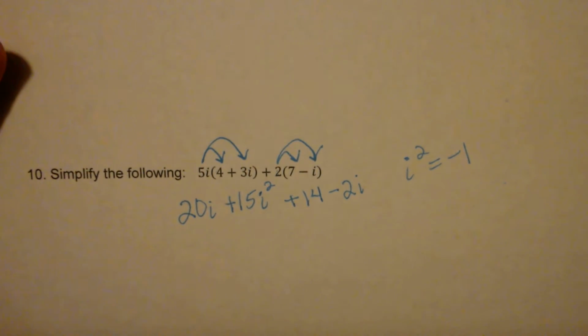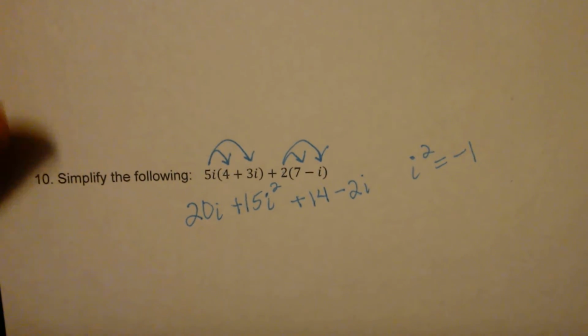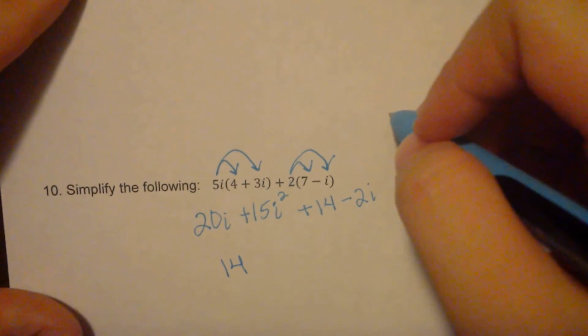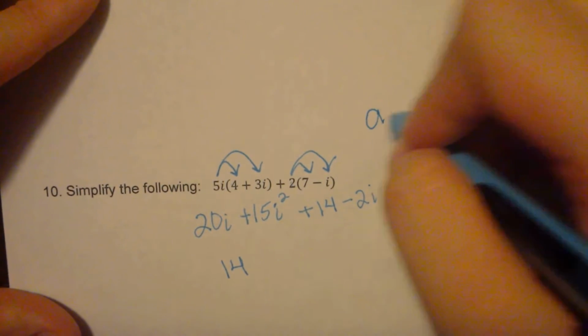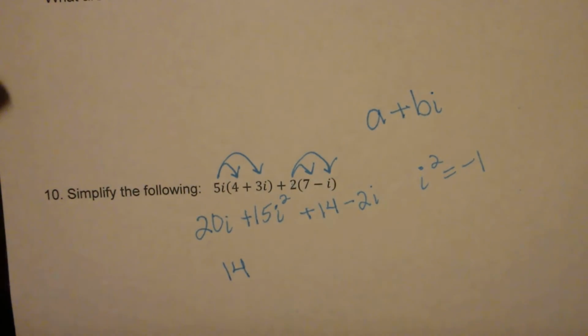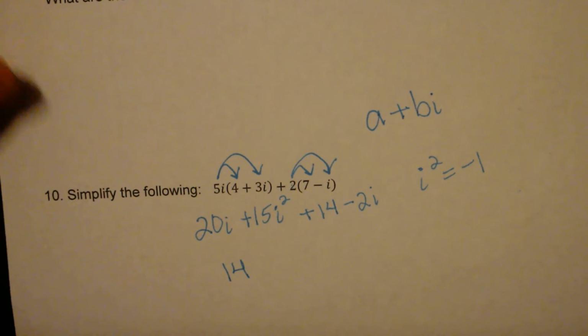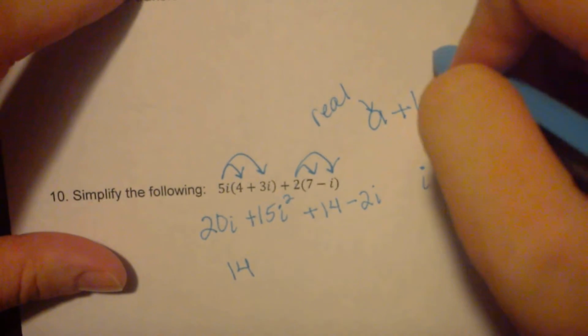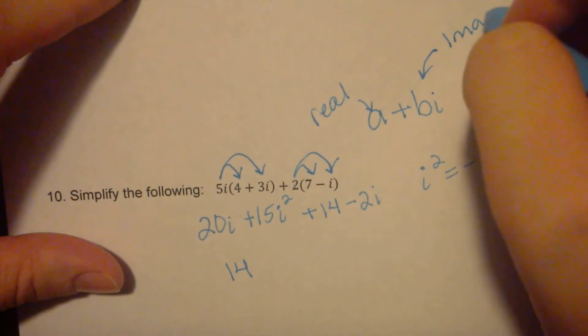So I'm going to collect my i's. I have a constant that's going to go out front. Technically, the general form of an imaginary number or a complex number is a plus bi. So the real part and then the imaginary part.